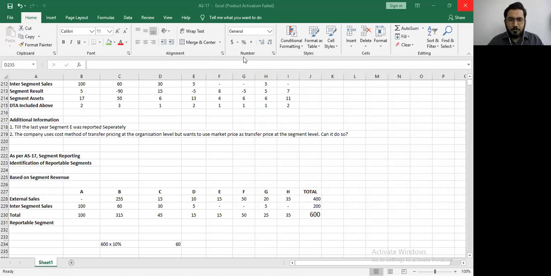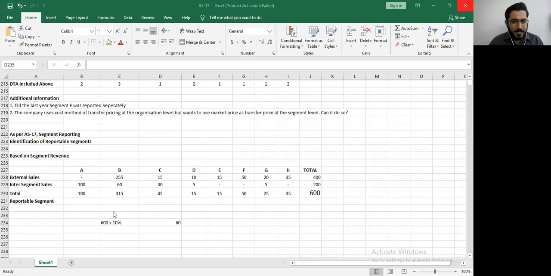Of course, yes, because your 10% criteria comes to 60. However, you have 100. Since it exceeds the 10% criteria, separate disclosures are required.